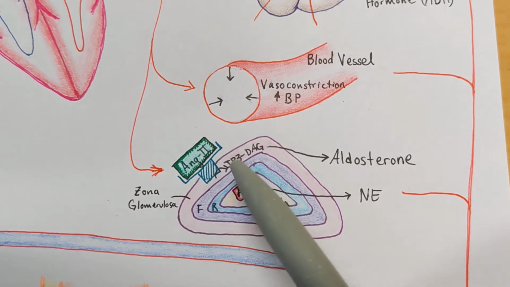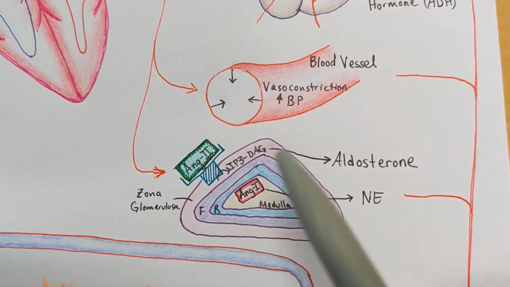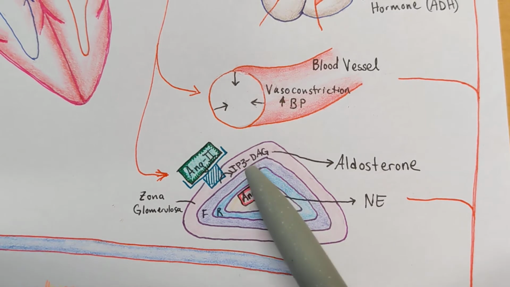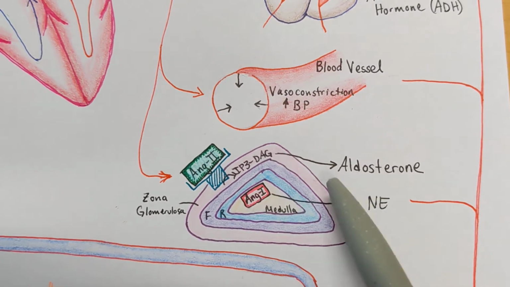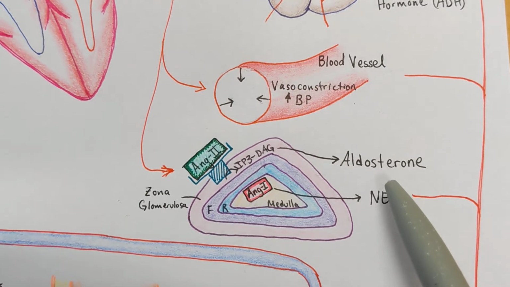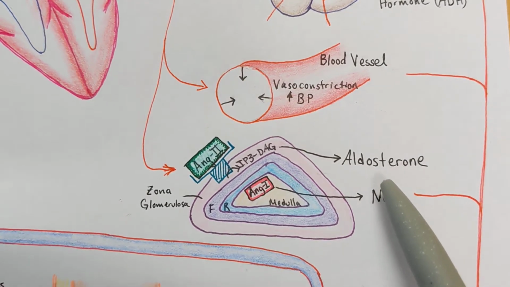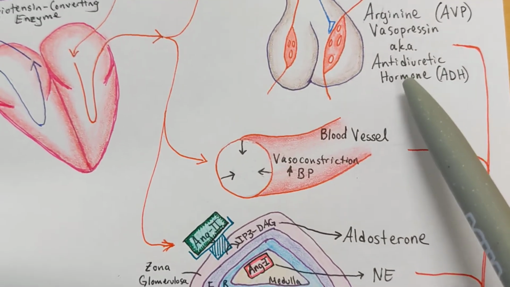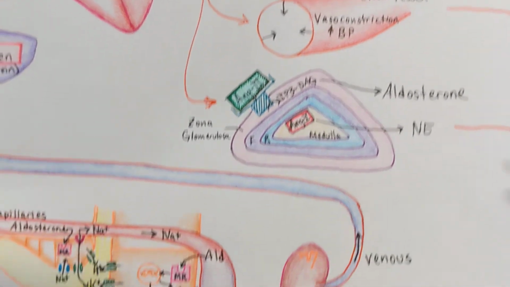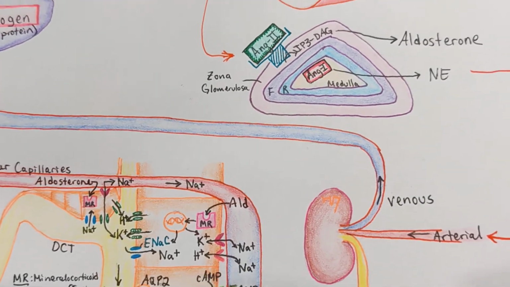This system uses an IP3 DAG second messenger system, and ultimately this is going to turn on enzymes that lead to the synthesis of aldosterone from cholesterol. So aldosterone is released into the blood. ADH is released into the blood. Both are going to have effects down here on the kidney.